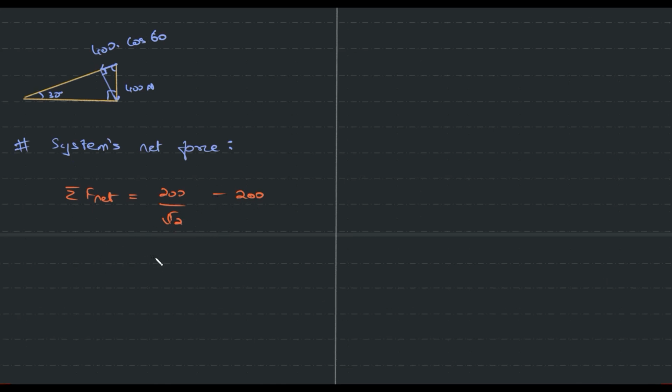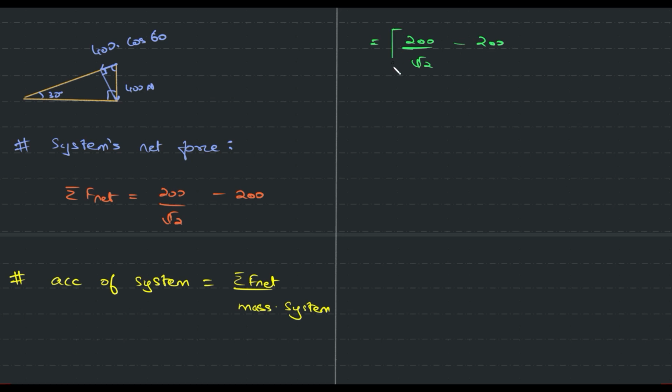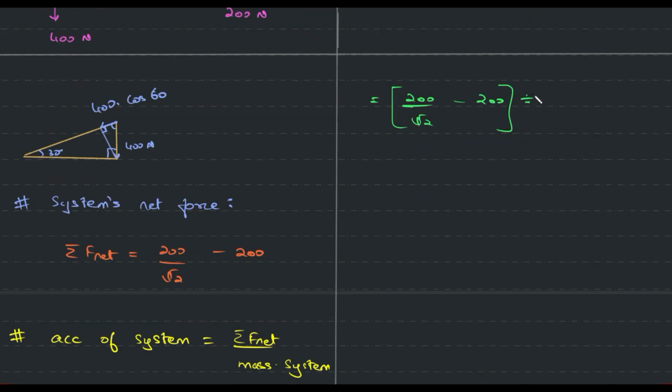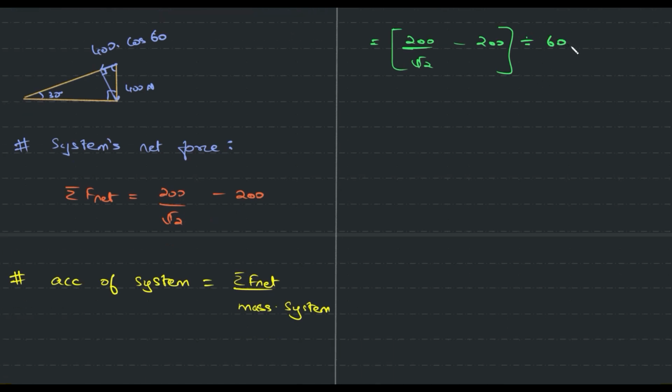Anyway, we'll get the negative answer. Okay, now the acceleration of the system is equal to the net force divided by the mass of the system. This is basically 200 by root 2 minus 200, divided by the mass, which is 60.